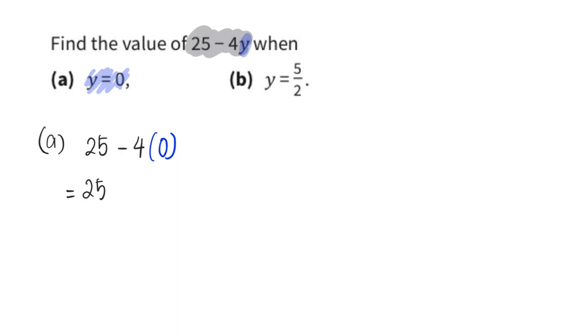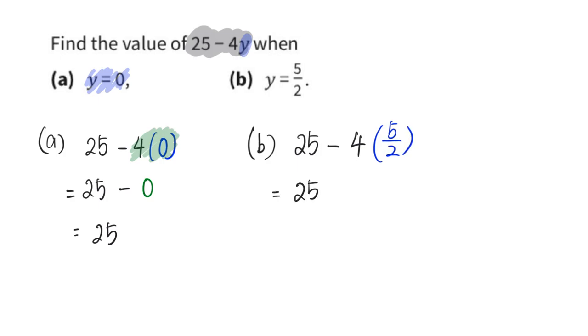And therefore, this will be equal to 25 minus 4 times 0. We usually do the times first. So 25 minus 0, since 4 times 0 is 0. So final answer, 25. So I'm going to repeat this for the next value that they give me, which is 5 over 2.